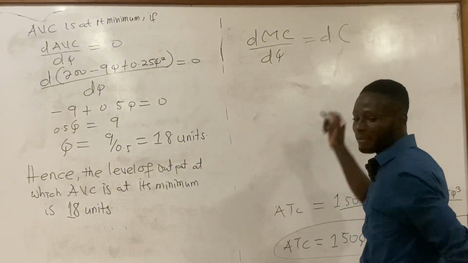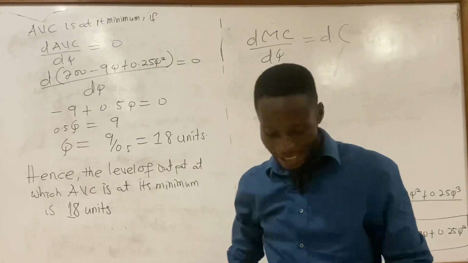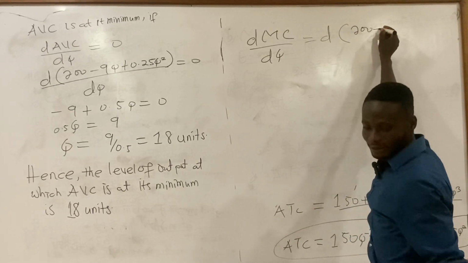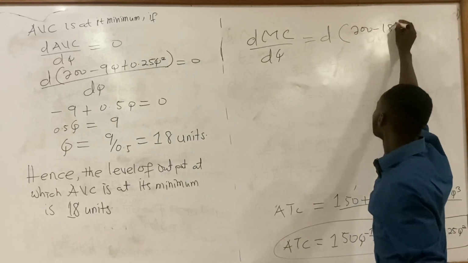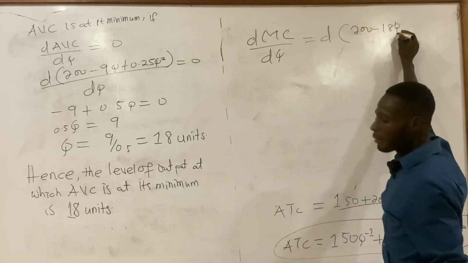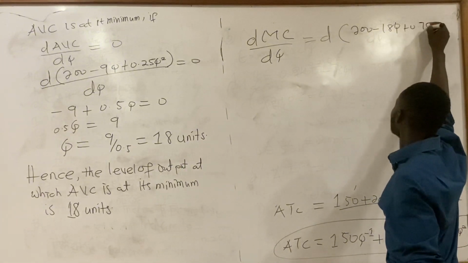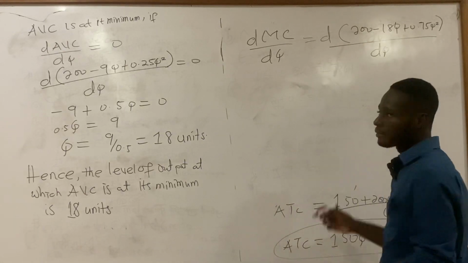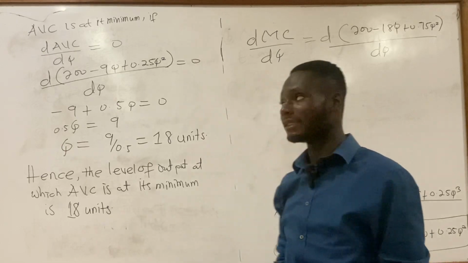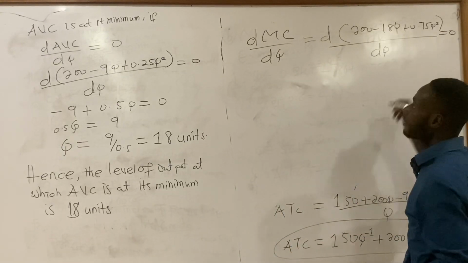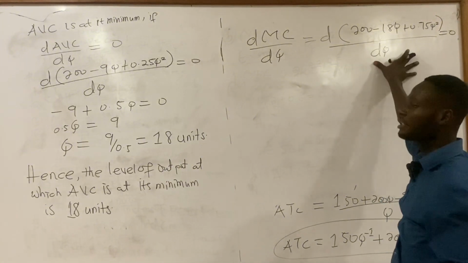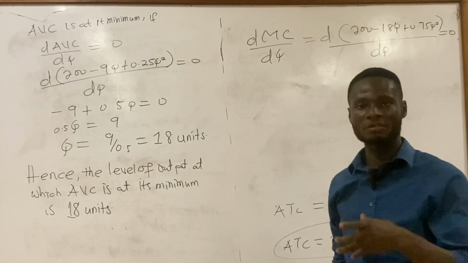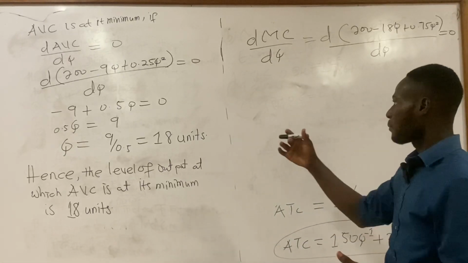So we differentiate the MC function, which we obtained as 200 minus 18q plus 0.75q squared. All right, so we differentiate this and it must be equal to 0. Differentiate this, equate it to 0, solve for the quantity, and the output you obtain will be the level of output that will minimize the MC.